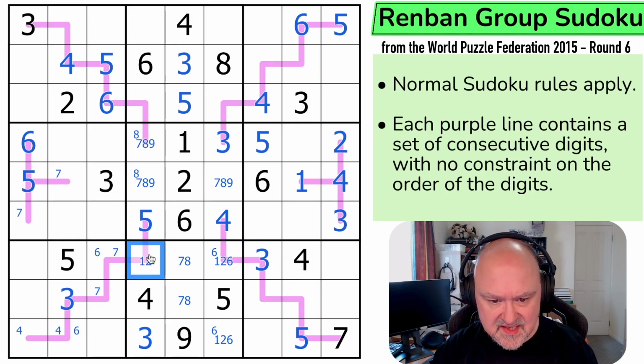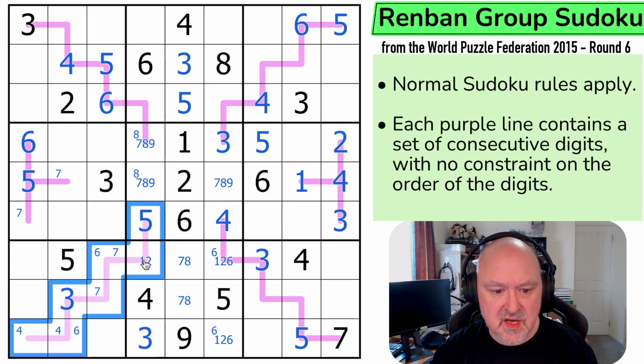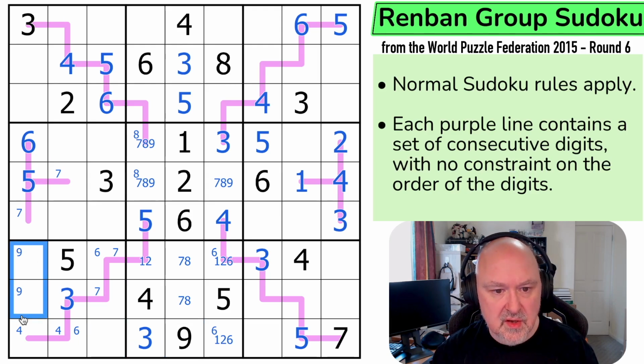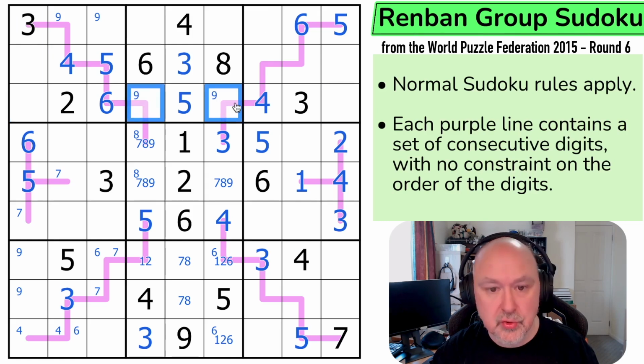Well, there's no 6 there, so this is a 1 or a 2. So I can never put 9 on this line because 2, 3, 4, 5, 6, 7, 8. I can never put 9 on this line. So 9 has to be in one of those 2 because that 9 is knocking 9 out of there. 9 is in one of those 2. So now 9 is in one of those 2 because the 9 can't go in those, which means the 9 is in one of these 2.